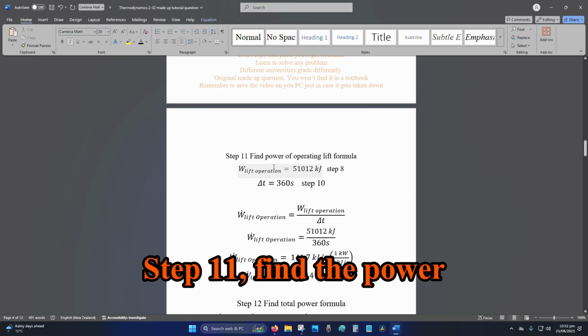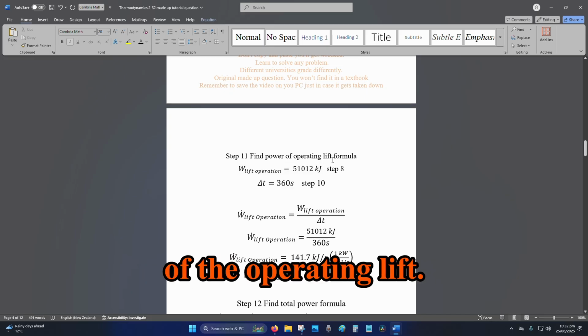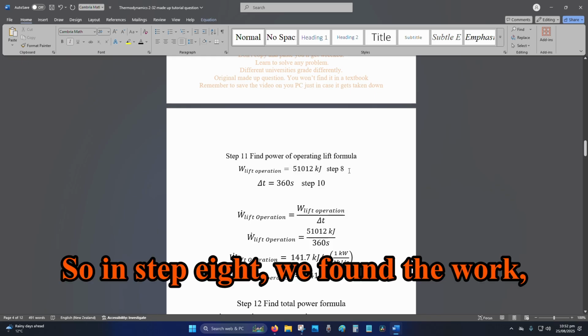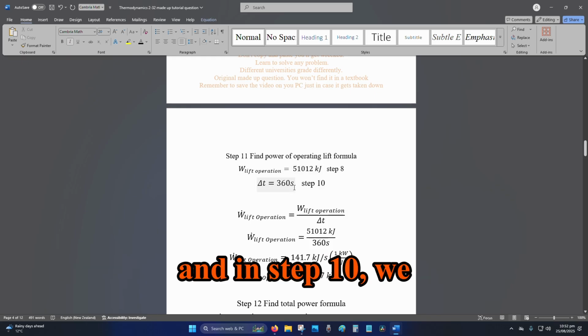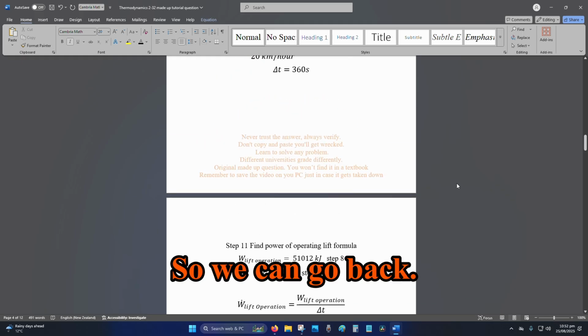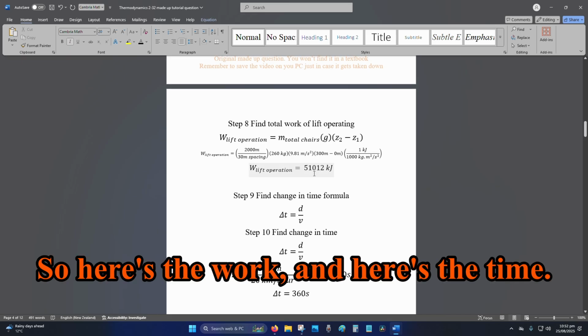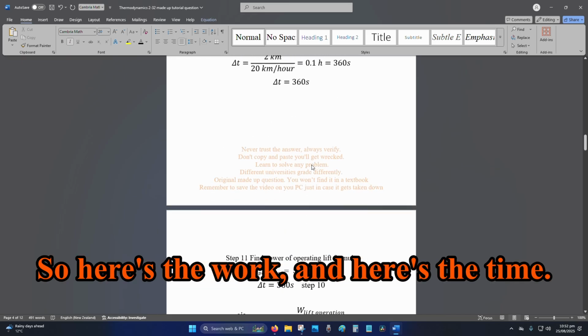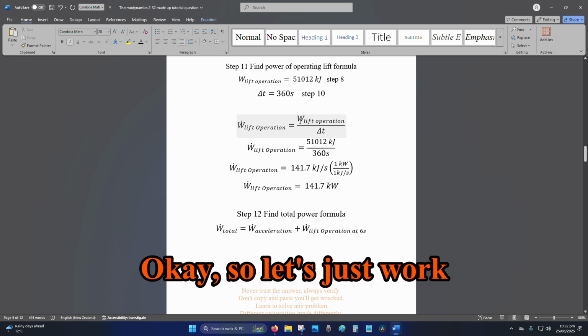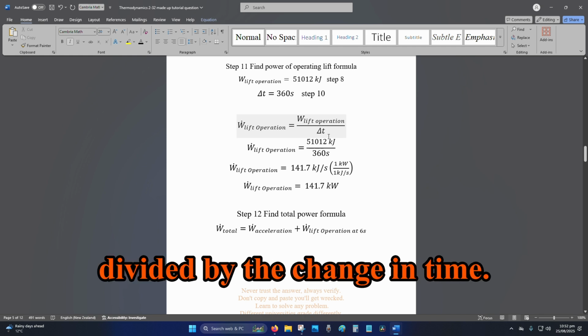Step 11, find the power of the operating lift. So in step 8 we found the work, and in step 10 we found the change in time. So here's the work, and here's the time. It's just work divided by the change in time.